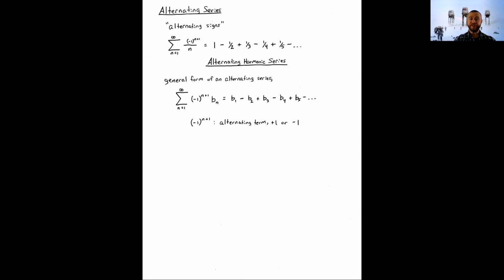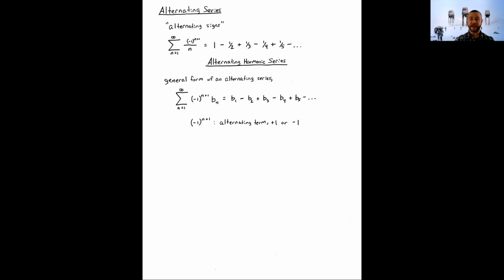All right, so we're going to introduce the general form of what we're calling an alternating series. These are usually very easy to pick out and identify from the general nth term. Most of them have what we're going to introduce here and call the alternating term, a term of the form -1 to some sort of nth power.